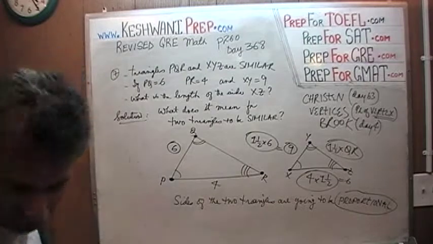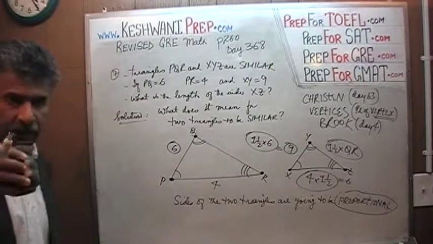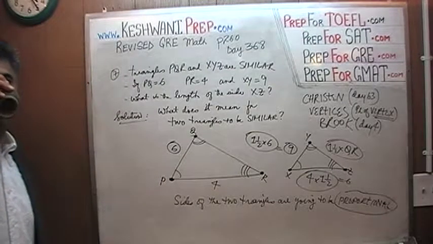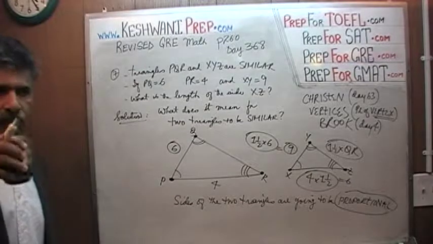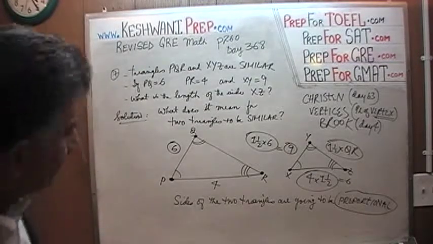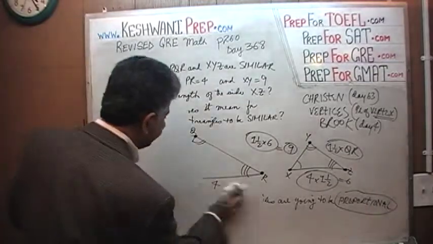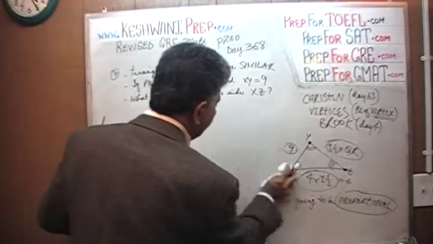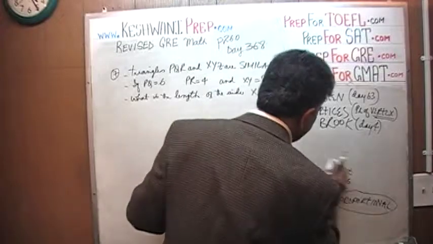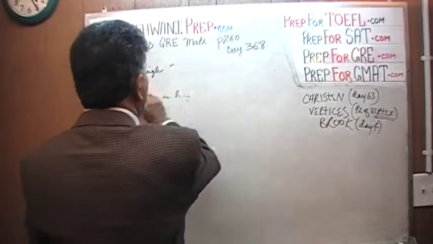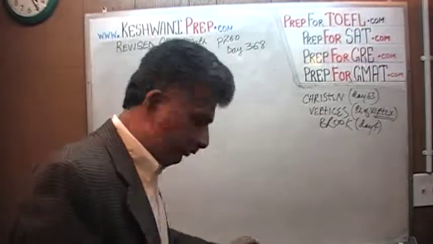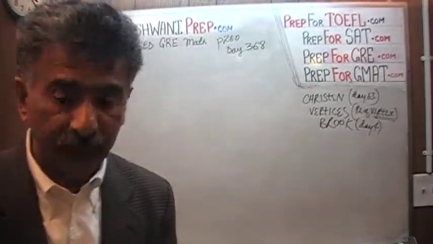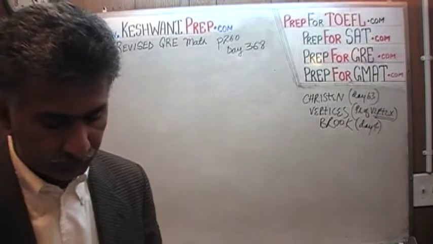Number 8. I'm going to get out of your way because I've been blocking it all this time. Problem number 8. Oh, I should not have raised the bottom part because we're going to need the definition of similar triangle, because that's what problem number 8 deals with.